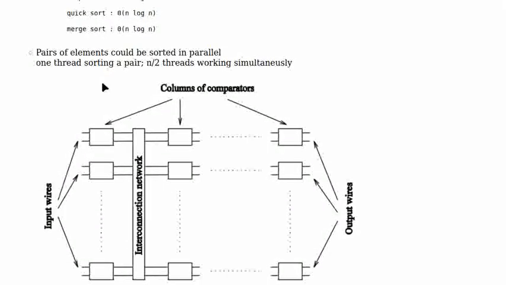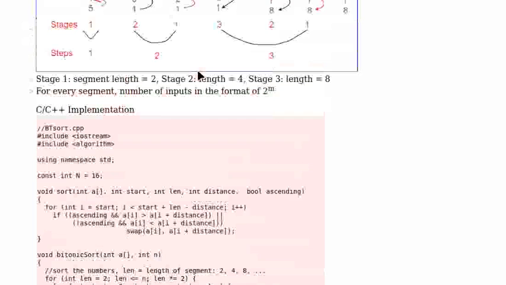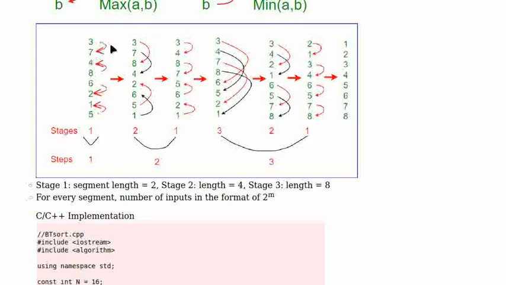But the nice thing of this sort is that the pairs of elements could be sorted in parallel, and one thread can sort a pair, so we can have n over 2 threads working simultaneously. So in this example, we have one thread to sort this pair, another thread to sort this pair, another thread to sort this pair, another thread to sort this pair. So all these threads could work simultaneously.